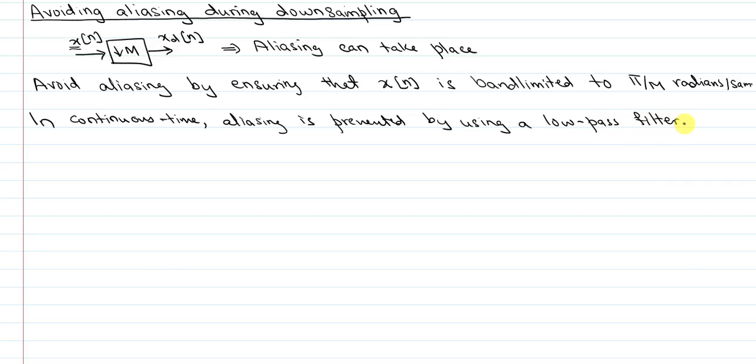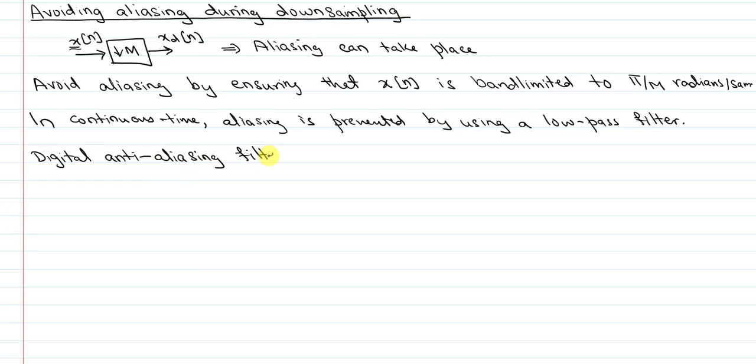Well, it turns out that in this downsampling operation, where we don't want to go into the continuous world, we actually can do the same thing. We can avoid aliasing by using a digital anti-aliasing filter. What is that filter?